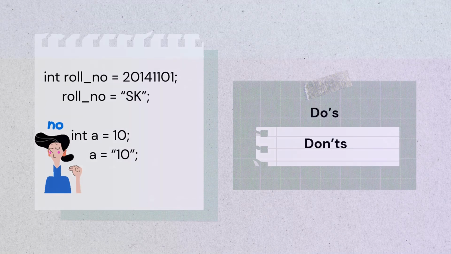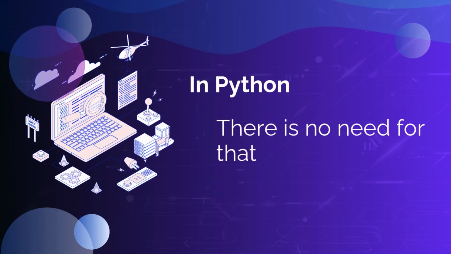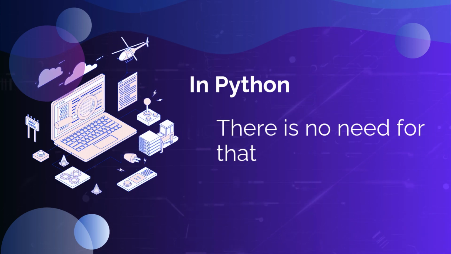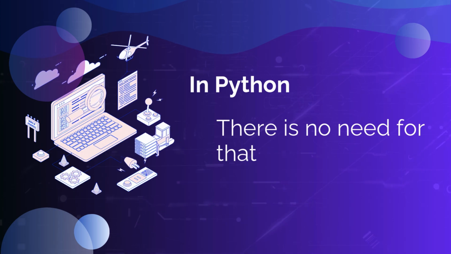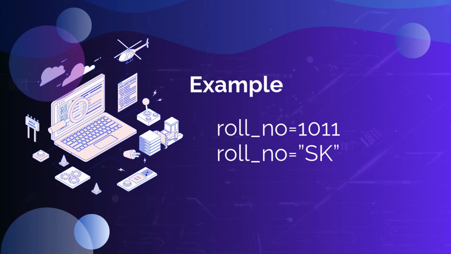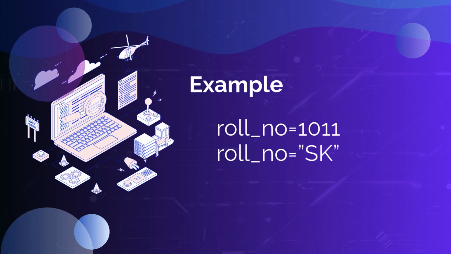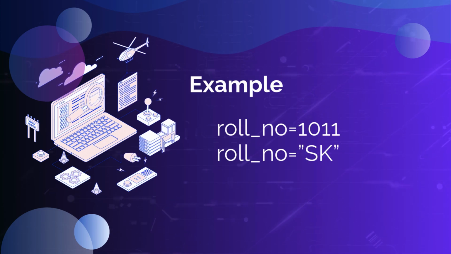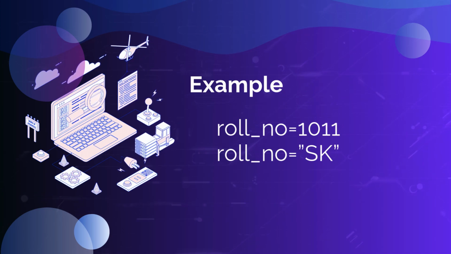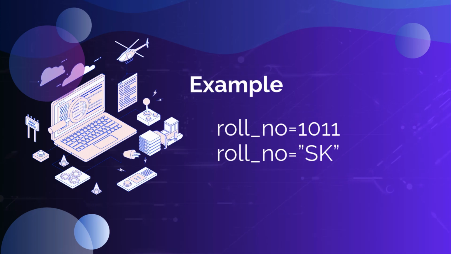But in Python, we don't need to declare the data type for a variable. It automatically detects the data type from the value we assign to it. Like roll number equals 1011, we can also change it to roll number equals a string. It accepts the value and doesn't throw any error. So we have to be very careful while assigning a value to a variable in Python.